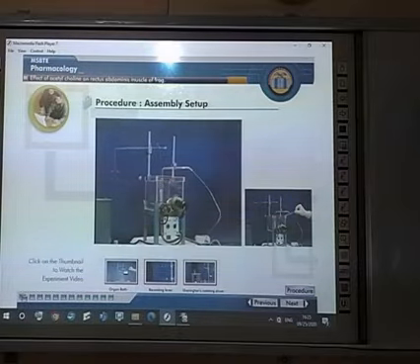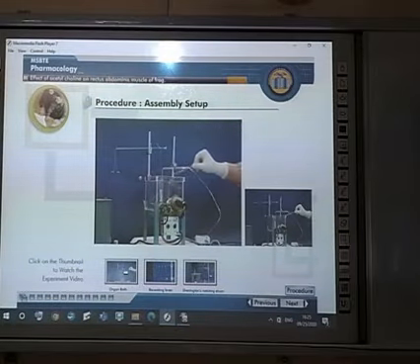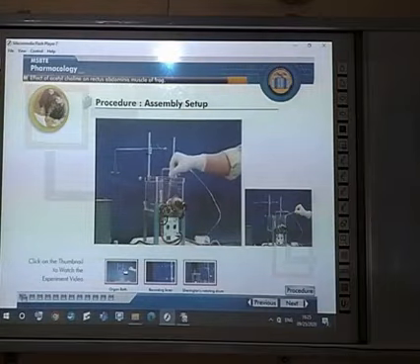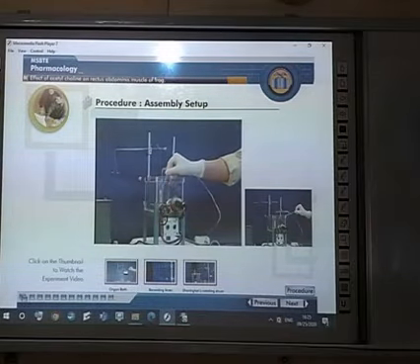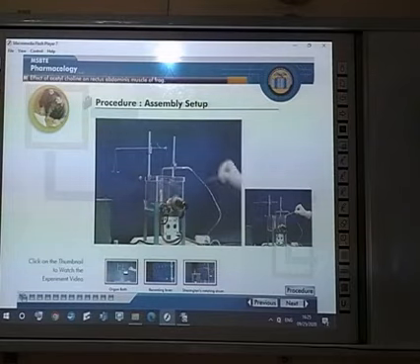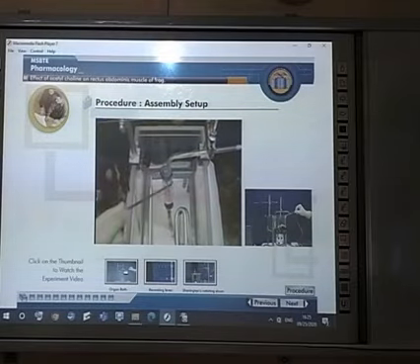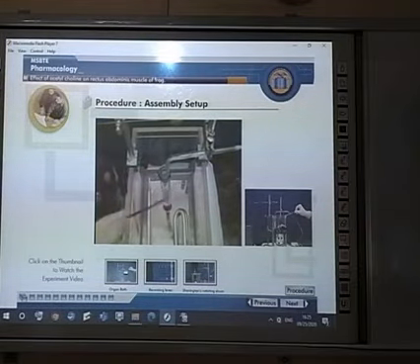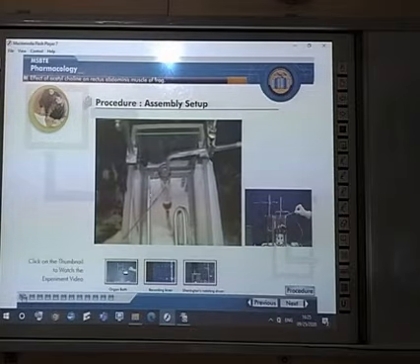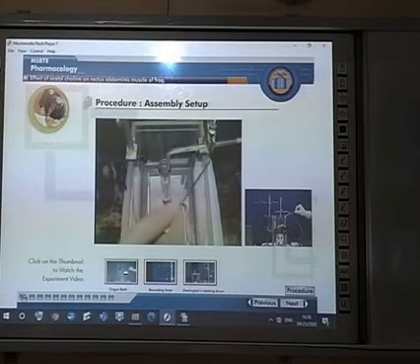Organ bath also consists of a thermostatically controlled heating rod, which maintains uniform temperature of water in the outer jacket. It also consists of a tissue bath made of glass with a capacity from 10 to 50 ml with both sides open.